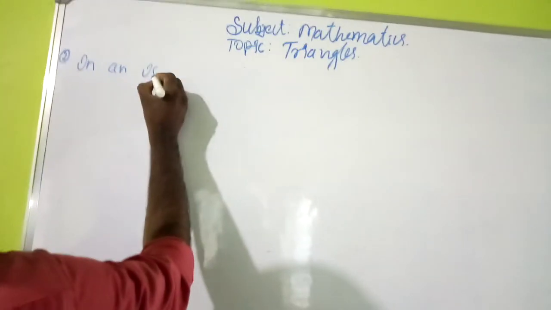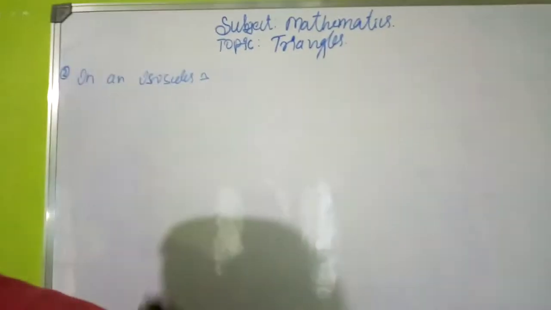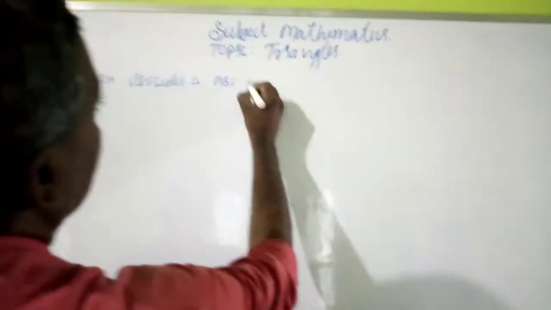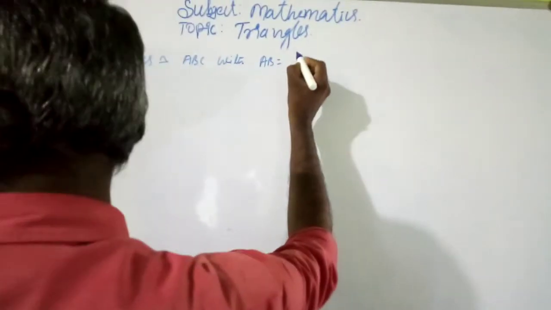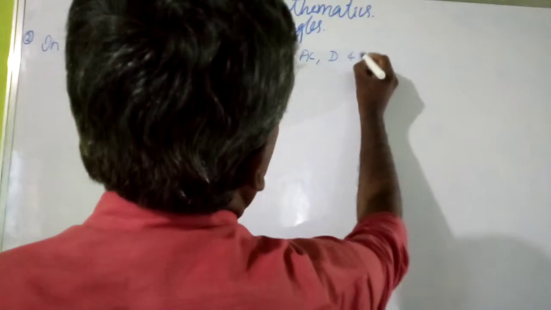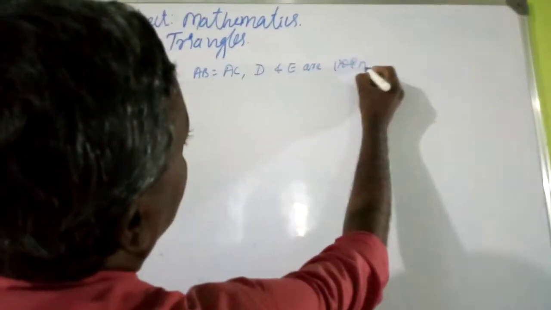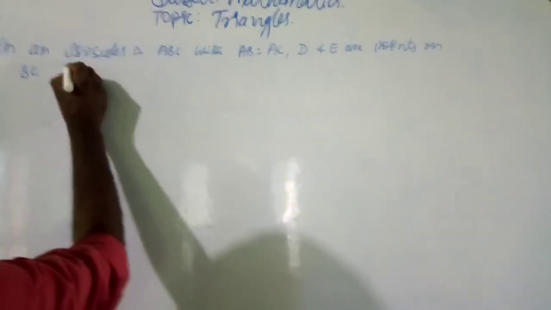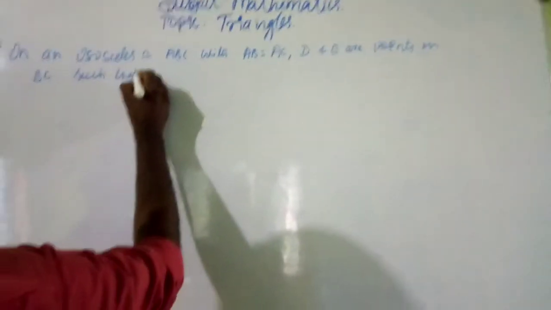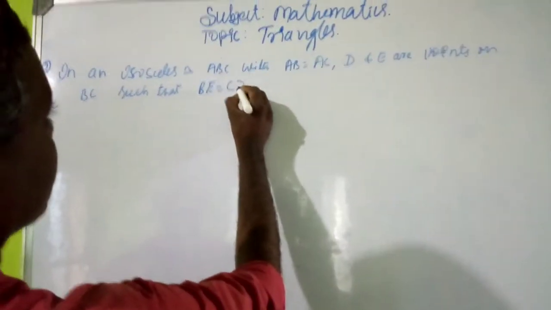In an isosceles triangle ABC with AB equal to AC, D and E are points on BC such that BE is equal to CD.